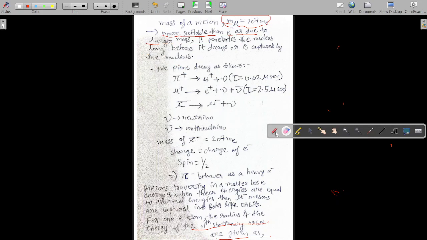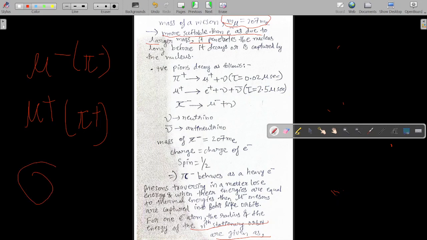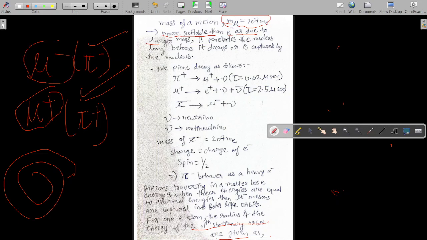I had told you that mesons are of two types, mu minus meson and mu plus meson. Mu plus meson will exist in the form of a pi plus pion, and mu minus meson will exist in the form of a pi minus pion.